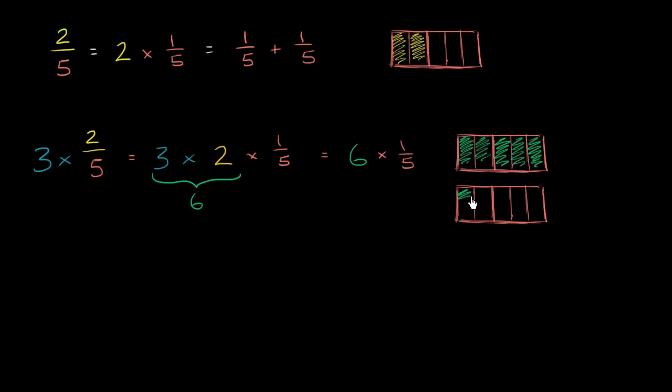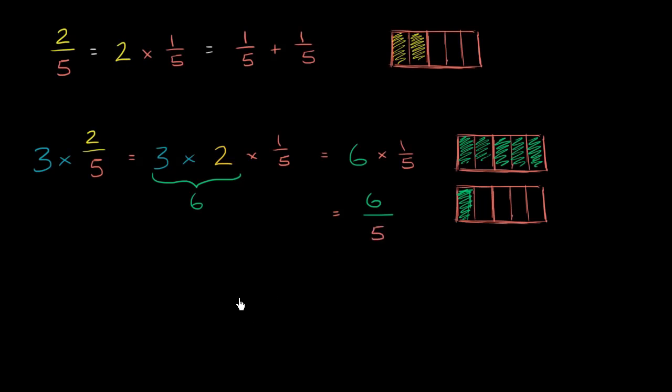And then we have 6/5, just like that. So literally 3 times 2/5 can be viewed as 6/5. And of course, 6 times 1/5 can be written as 6/5, 6 over 5.